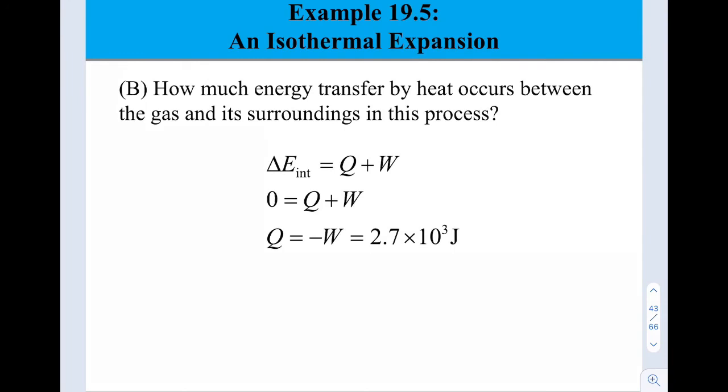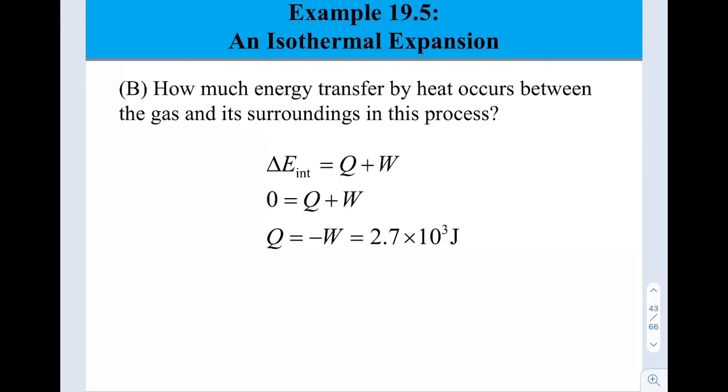Part B, how much energy transfer by heat occurs between the gas and its surrounding in this process? So we are going to use thermodynamic first law, delta E internal equivalent to Q plus W. But as we know, isothermal means that the T remains the same. If the T remains the same, delta E is equivalent to 0. This is the condition.